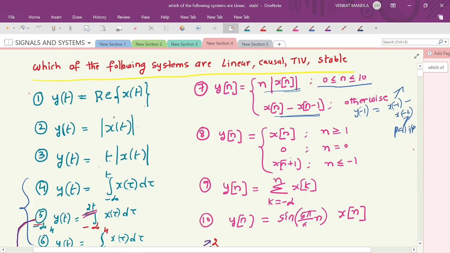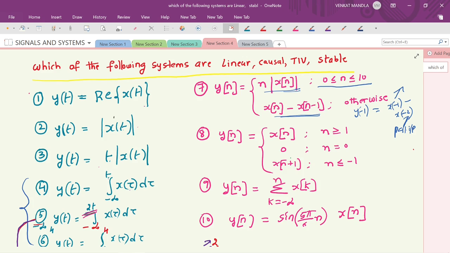So you won't get future inputs. You can take y of plus 1 also. You will get x of 1 minus x of 0. So 0 is the past input for y of 1. So it is always causal. The seventh one is a causal system.